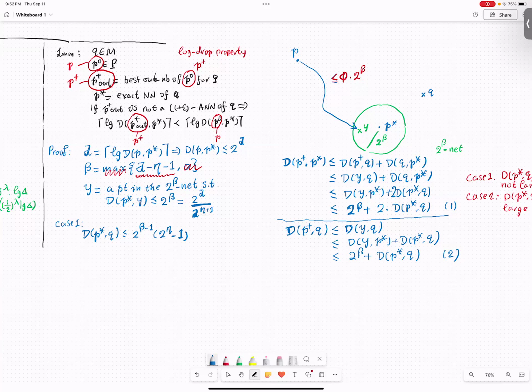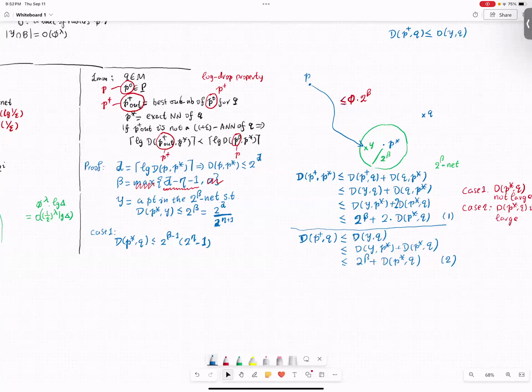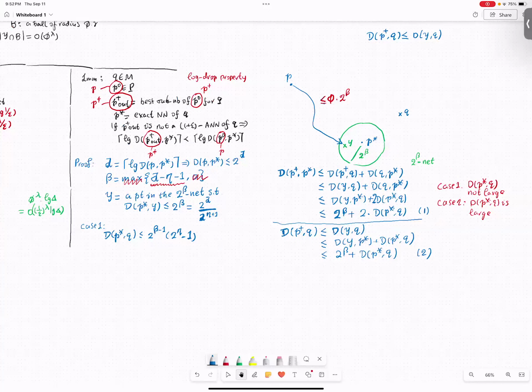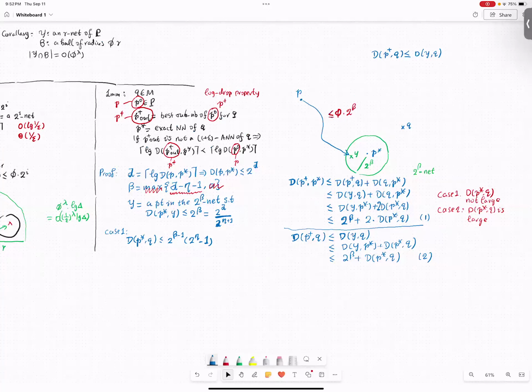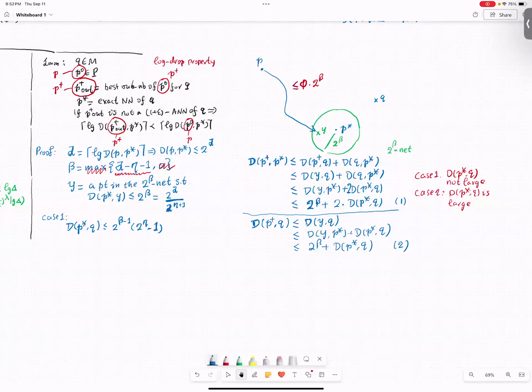You don't have to be surprised why this threshold is chosen, because you already know the direction. If I say this is the correct direction, eventually you will figure out this is the threshold. Anyway, let's look at case 1.